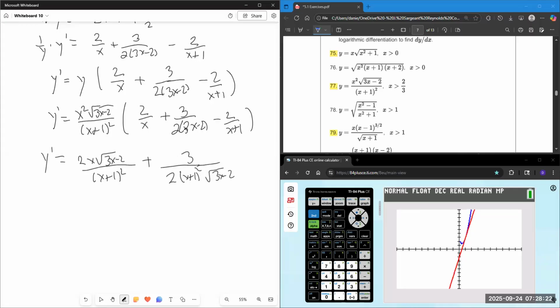And this will be 3x squared left in the top. And then minus x plus 1 to the third. And 2x squared root 3x minus 2 stays.